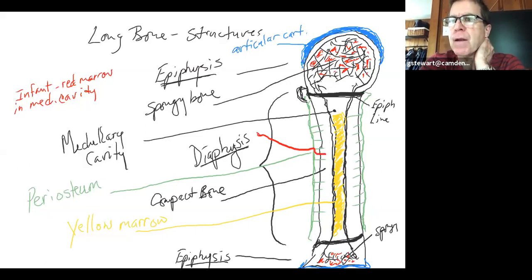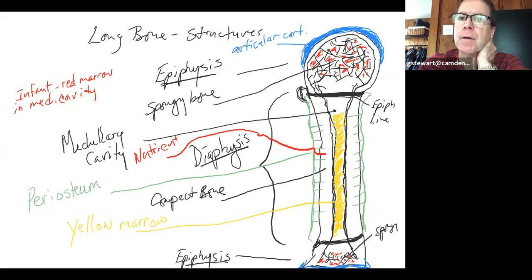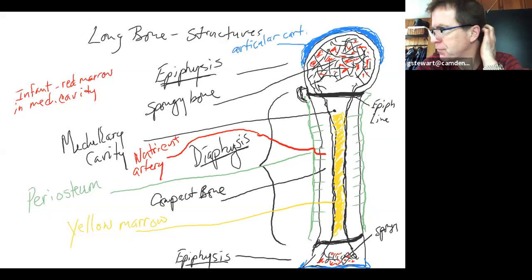We call this main artery a nutrient artery, and it supplies the main blood supply to the bone tissue. Remember, bone is highly vascular. Unlike cartilage, which is highly avascular, bone has a lot of blood supply and a lot of nerve supply. So that nutrient artery is supplying blood to this bone tissue.